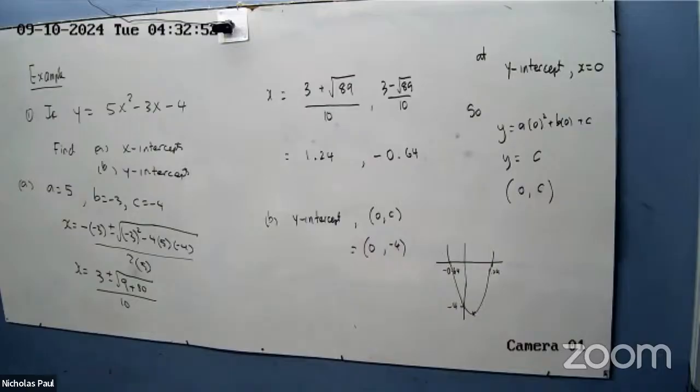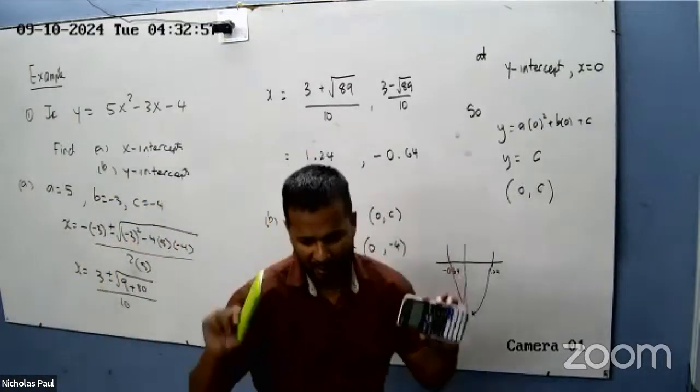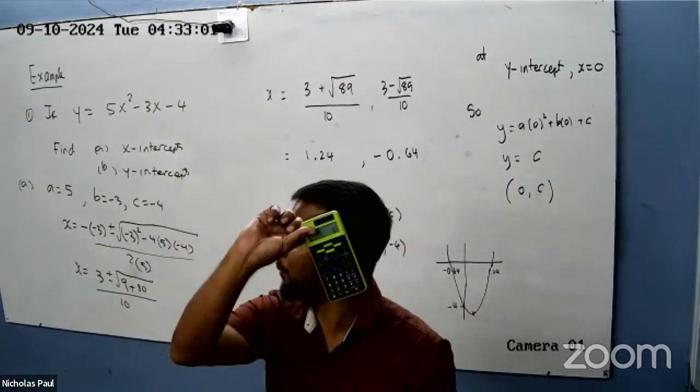Right, when you finish writing that down, I want to show you how to use the calculators to get the values, right? I'll show you the Casio, and then I'll show you with the Sharp.